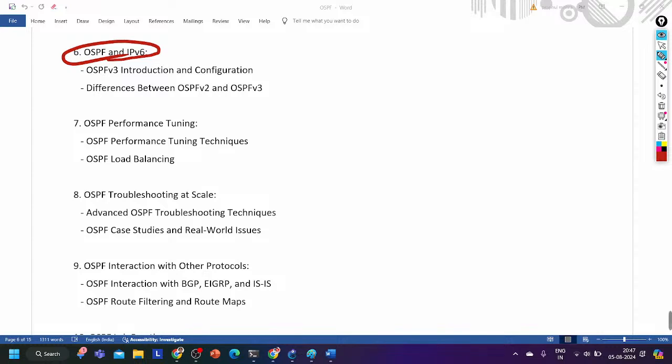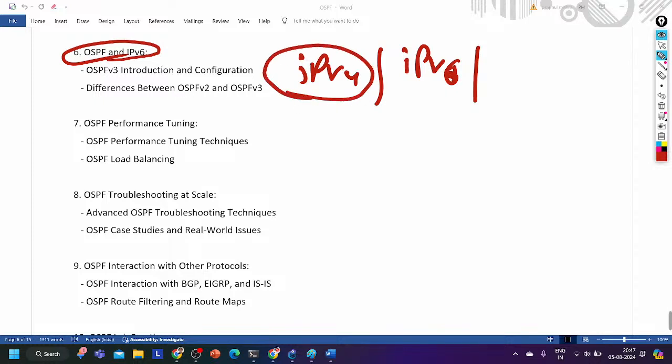So these are IPv4 and IPv6. What are these, guys? These are address families: IPv4, IPv6, AppleTalk. So for different address families, we can configure routing protocols. Right now we are learning how to configure routing protocols for the IPv4 address family.